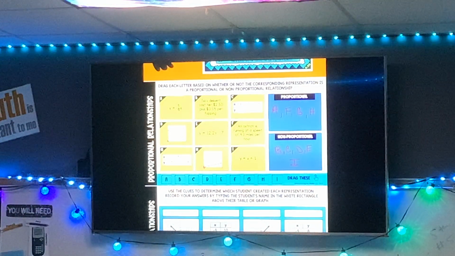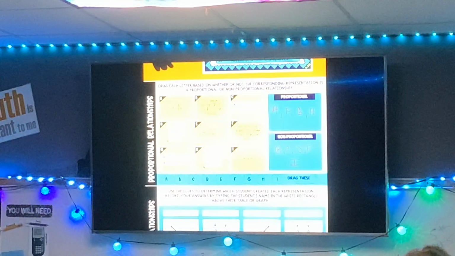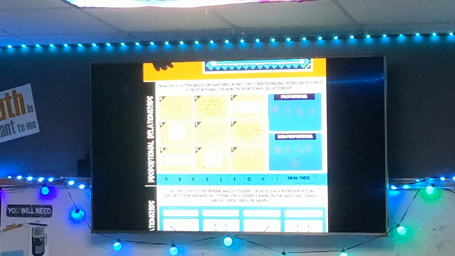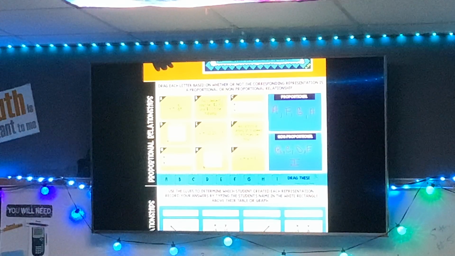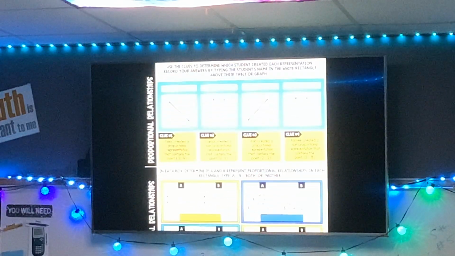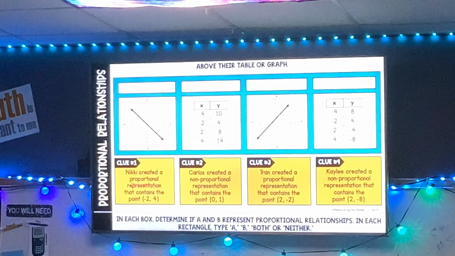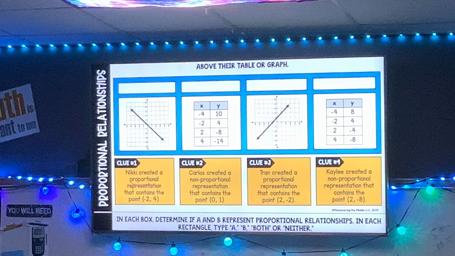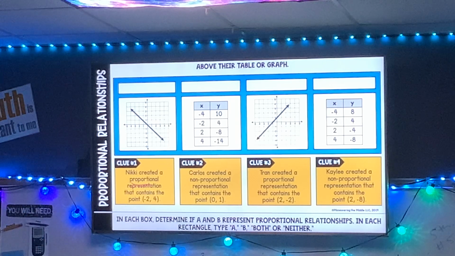Okay, we're going to do the next slide, and if everybody's good after the next slide, we will stop and start working on our work. That's what I've done with the rest of my classes. So, look at the first one. Proportional or non-proportional? Proportional. So that is either Nikki or Tran. You're going to type their names in the box.